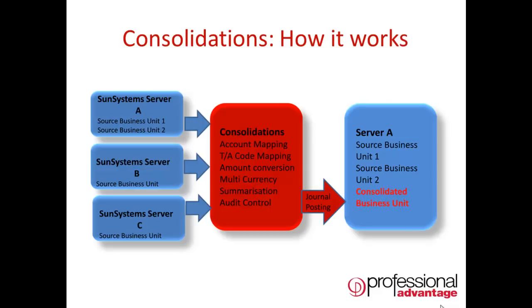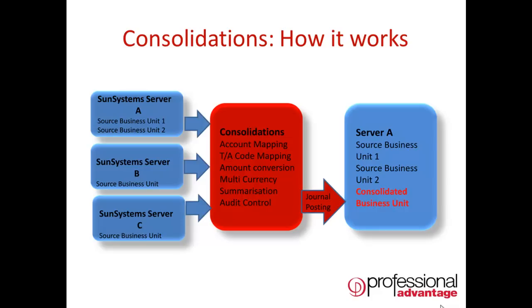In order to implement consolidations, you would set up a new consolidated business unit or database within your SunSystems environment. This database would have the chart of account and analysis structure required to directly support your consolidated report generation. We would then set up consolidations with all the mappings required to extract journals from your source business units or companies and map them into this new consolidated business unit as part of the process.